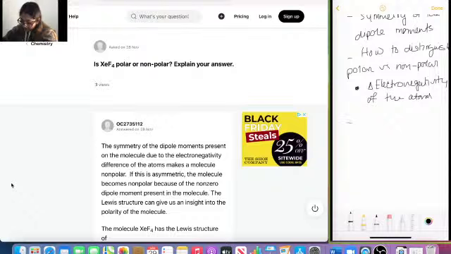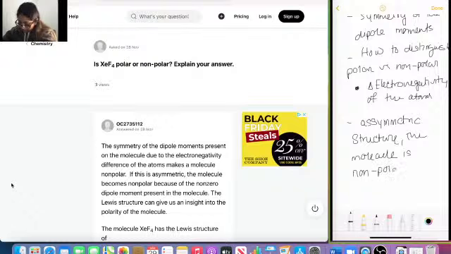If you have an asymmetric structure, the molecule is polar, because of the non-zero dipole moments present in the molecule.